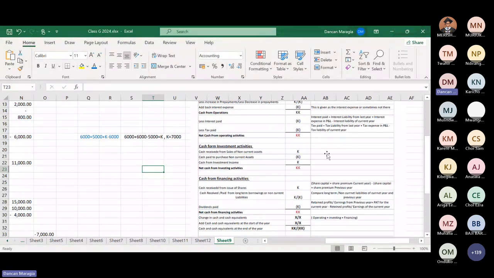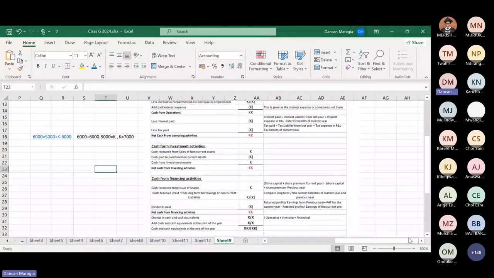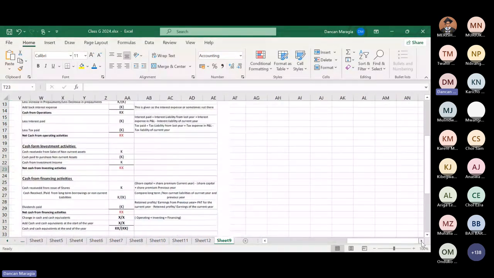I've used this formula: tax liability from last year plus tax expense in P&L minus tax liability of the current year.